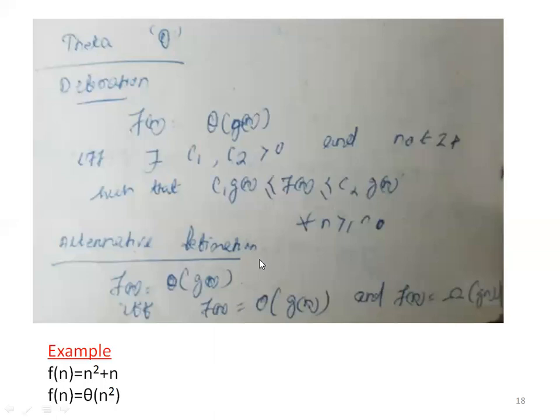We have already seen in the previous slides that for the function f(n) equals n square plus n, the lower bound of this function is big omega of n square for some value of c and n0. Similarly, the upper bound of this function is big O of n square for some value of c and n0. So it is satisfying both cases, the upper bound and the lower bound. So we can say that f(n) equals theta of n square, and here g(n) is n square. So this is all about your theta notation.